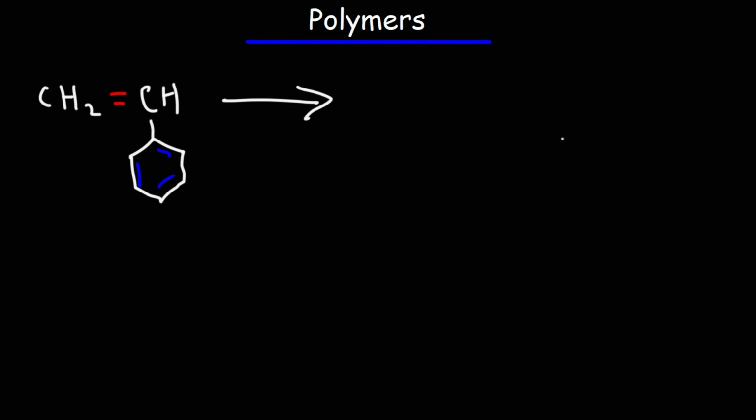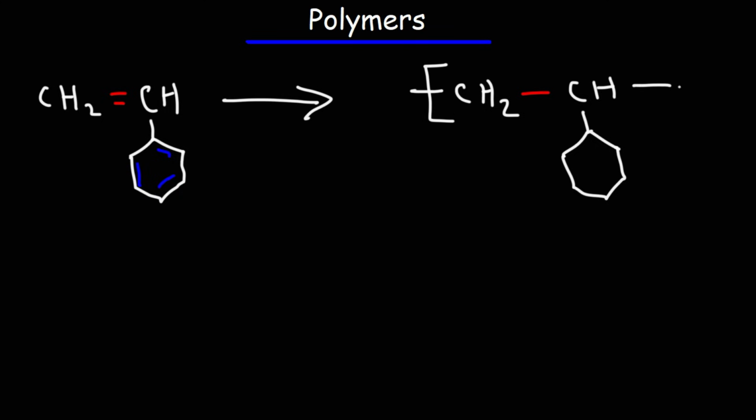So all we've got to do is draw what we see, but we're going to get rid of the double bond and turn it into a single bond. And attach two bonds, one to the left, one to the right, insert a bracket, and that's all we need to do to draw the repeating unit if we're given a substituted ethylene molecule.